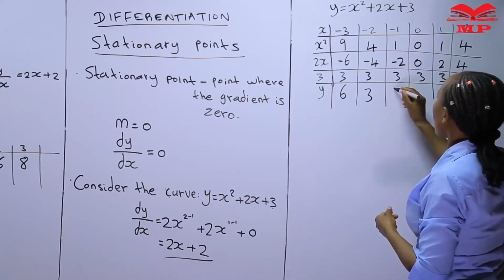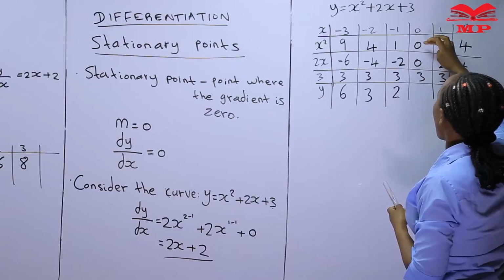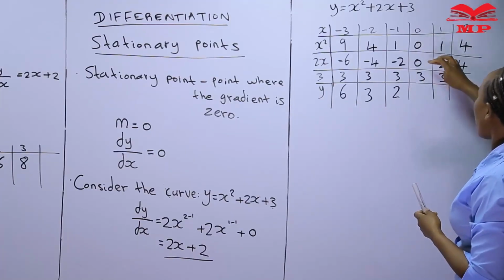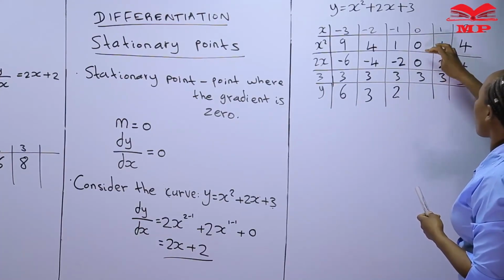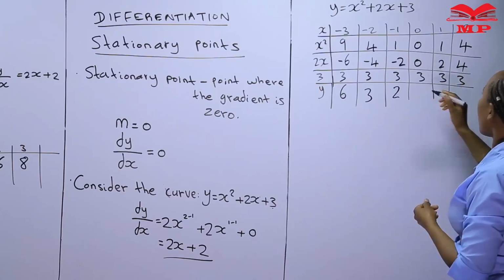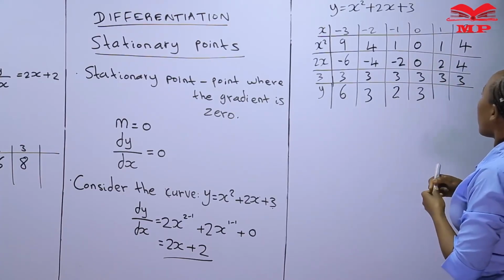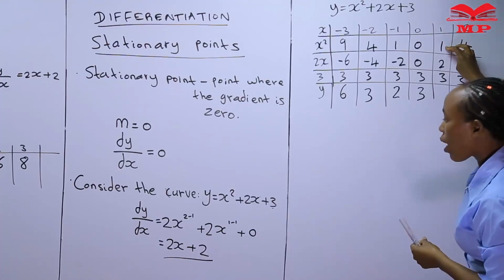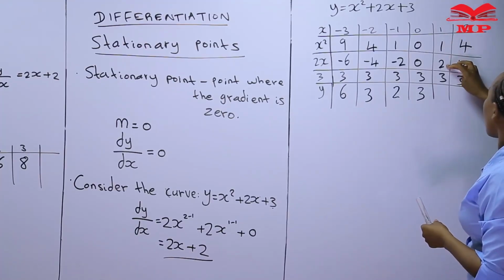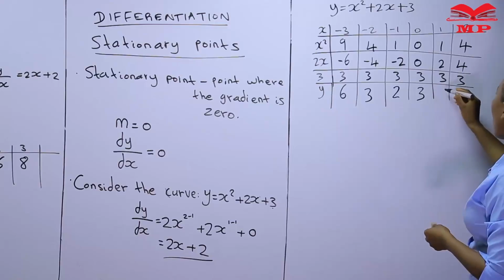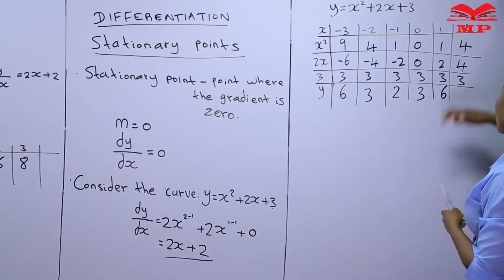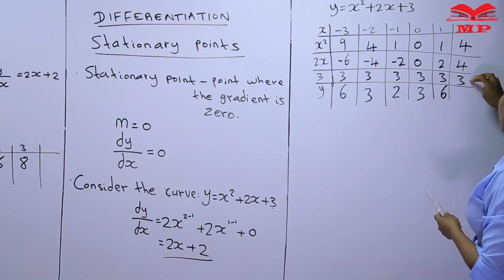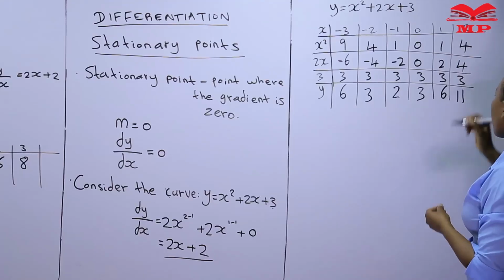Negative 1 plus 3, we have 2. Here we have 0 plus 0 plus 3, we have 3. Then here we have 1 plus 2, that is 3. 3 plus 3, we have 6. And then here we have 4 plus 4, 8 plus 3, we have 11.